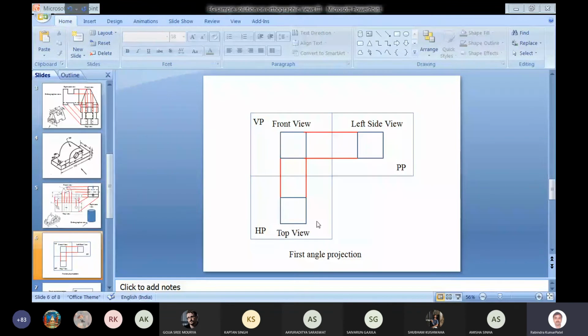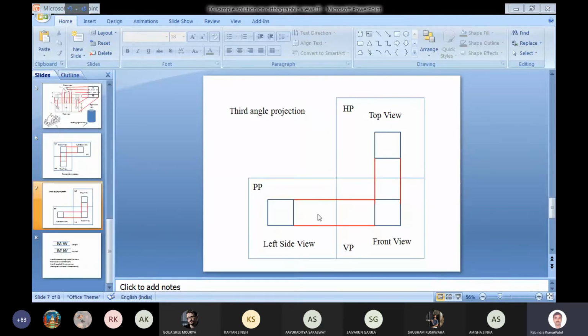In a few of the drawing sheets which I have checked, I found that the front view, left side view, and top view were placed randomly. That should not be there. This is the rule for first angle projection, where you have to arrange the views in this manner only.